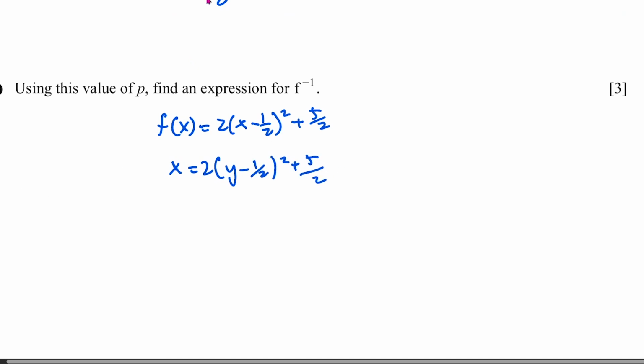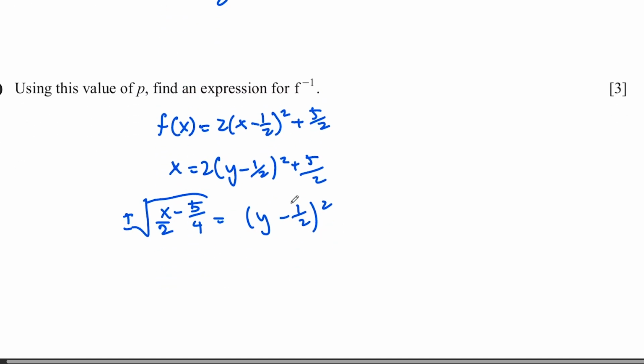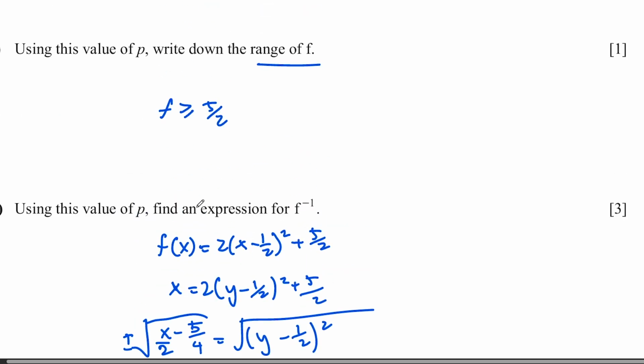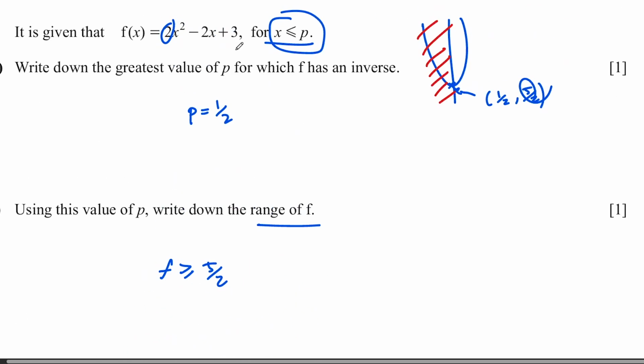Using that, we rearrange to get y back as the subject. At this point we have a square to deal with, and when we try to get rid of this square, we'll have a positive-negative situation on this side. So how do we know which square root to take? Either the positive or the negative depends on our domain, as described over here already.